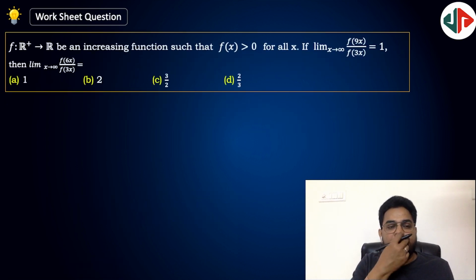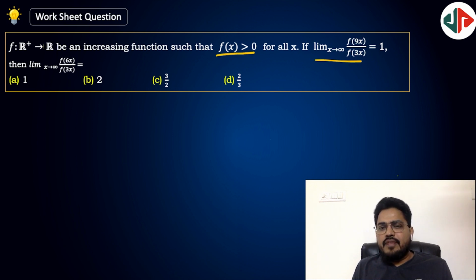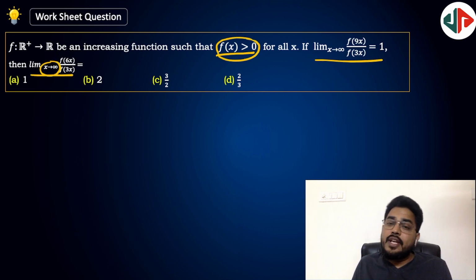Next question: if f is defined from R to R, an increasing function such that f of x is greater than 0, limit x tends to infinity. Here, as x tends to infinity, the function is always increasing, going up to infinity. So as per this, I can say f of 9x is approximately equal to f of 3x.